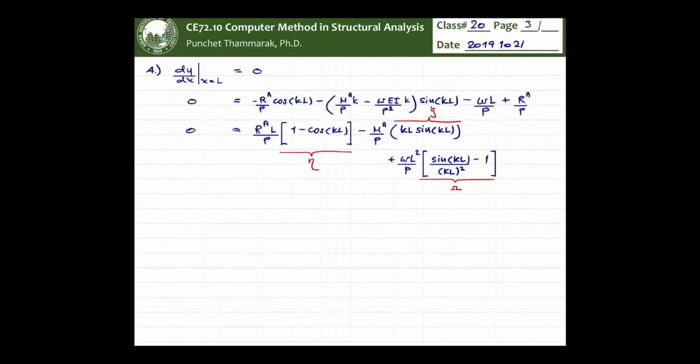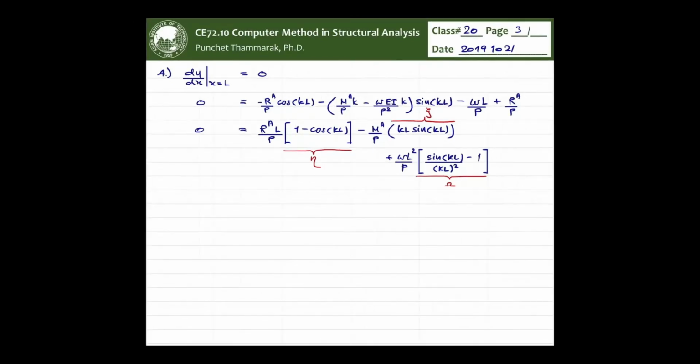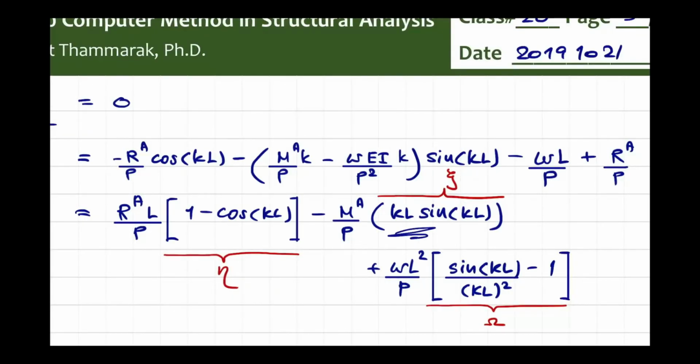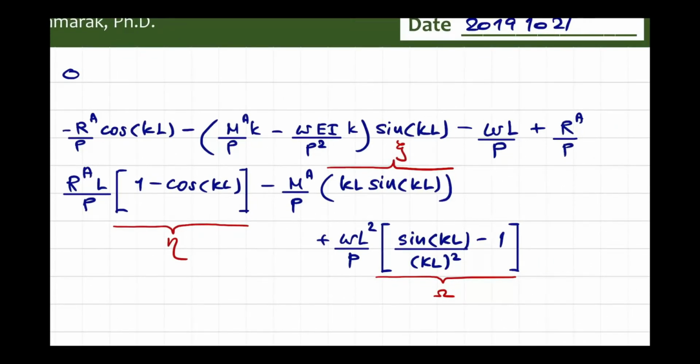You have all these three things. You have the equation for K in front of sine KL. You mean here? Let's see. Okay. This part is a K square.